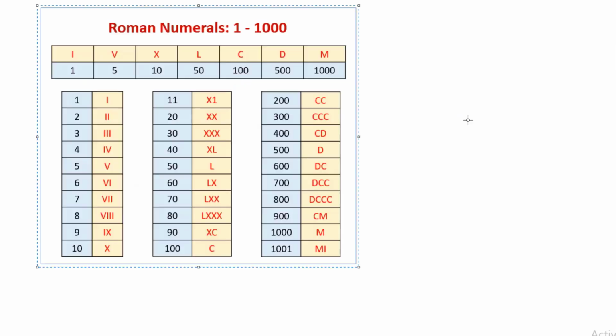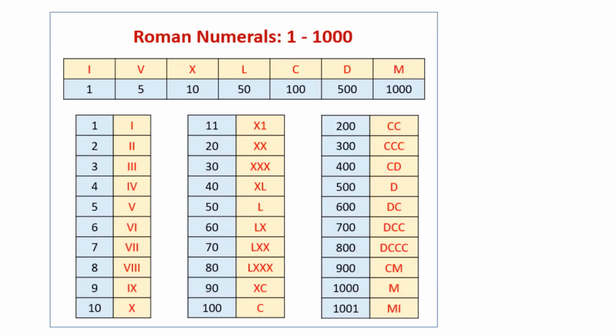Is it easy? So with these symbols and rules, we can frame many numbers. As a consolidation, you just see here, these are the 7 symbols. For 1, it is I. For 5, it is V. 10 is X, 50 is L, 100 is C, 500 is D and 1000 is M. And using this, for 1, 2, 3 you will repeat the first symbol, and for 4 you will use V minus 1.